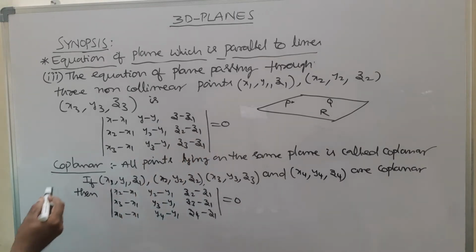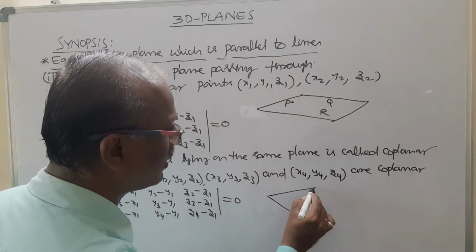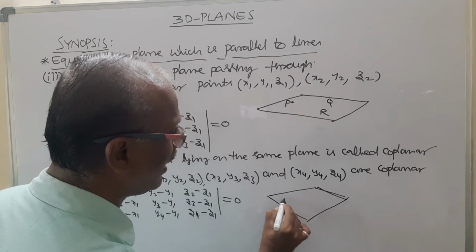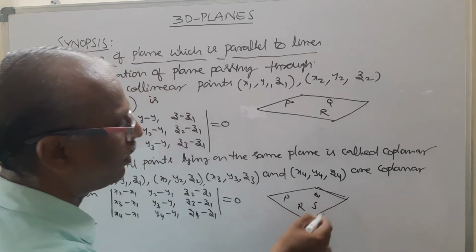Next, coplanar. Points lying on the same plane surface are called coplanar.